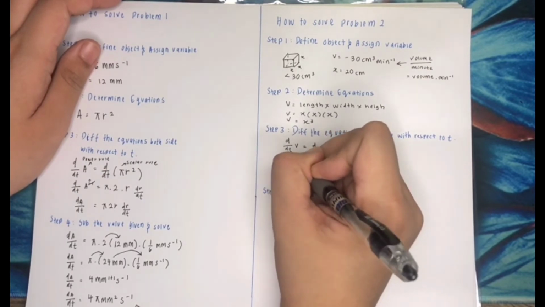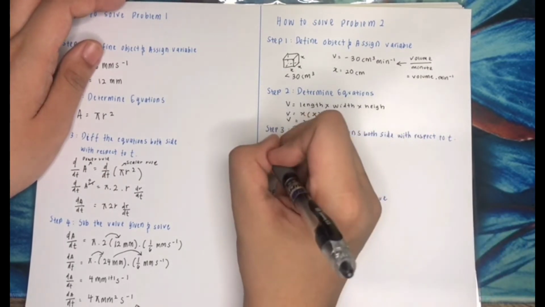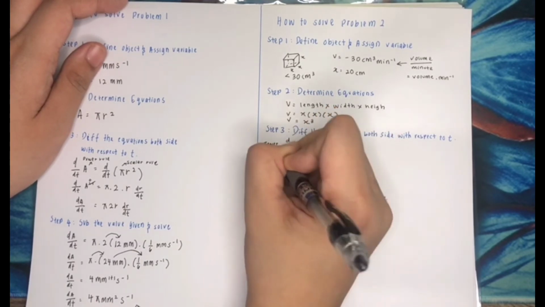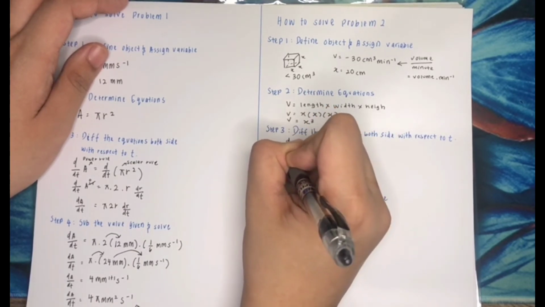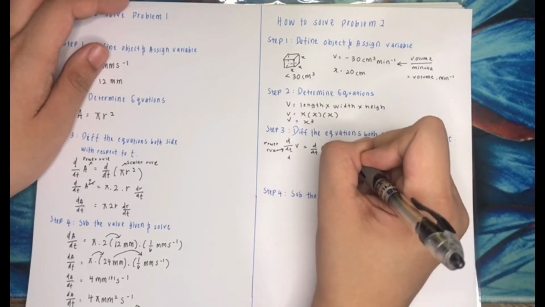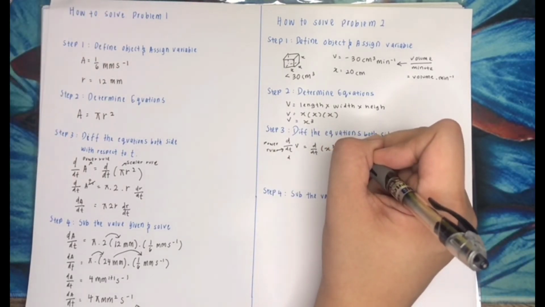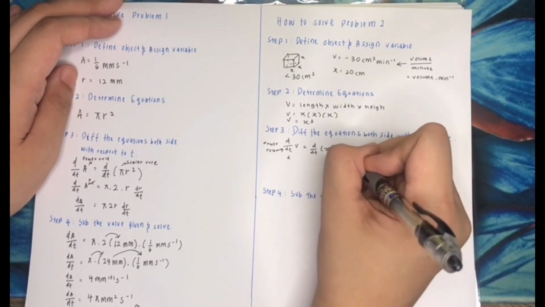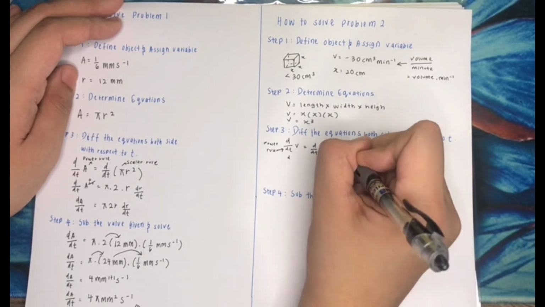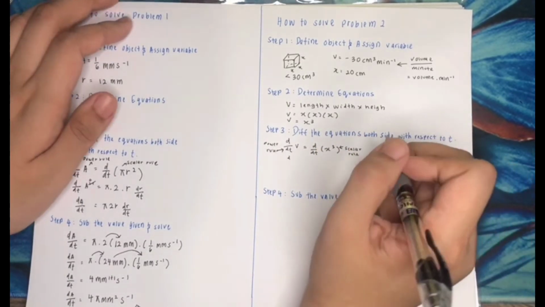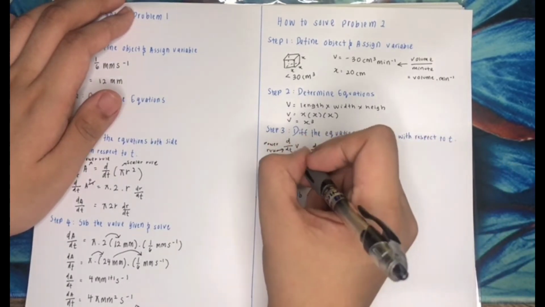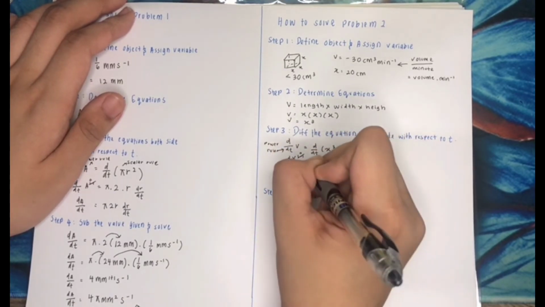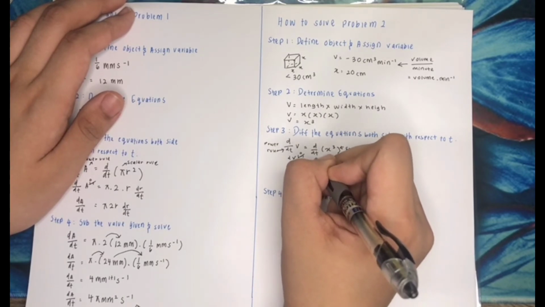As we know, for V it is the power rule, so d/dt of V to the power of 1 minus 1 gives 0.